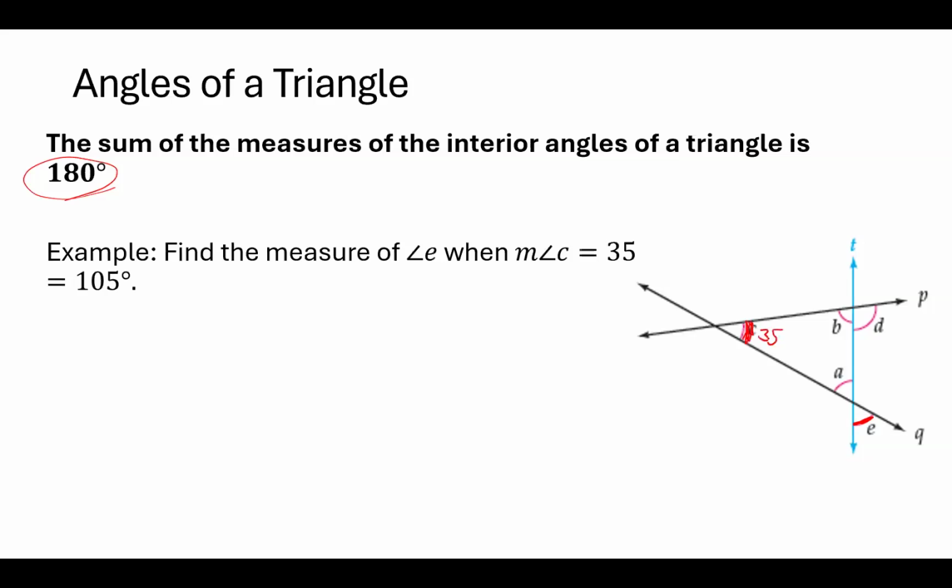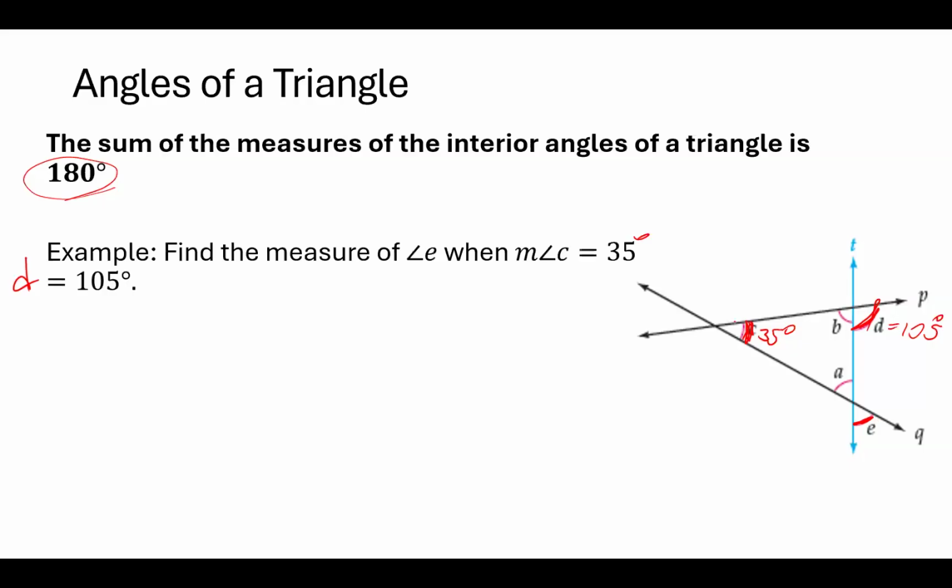So we know that this is 35 degrees. And if I recall, it was D, and D is equal to 105. So I want to find the measure of A.